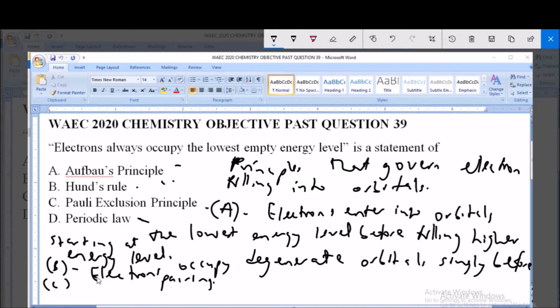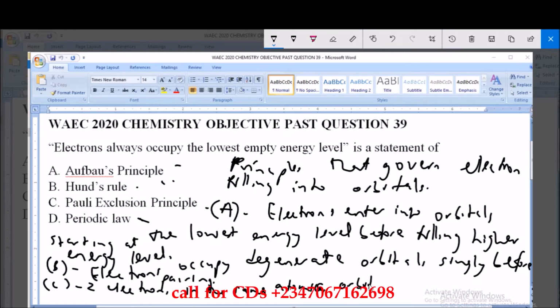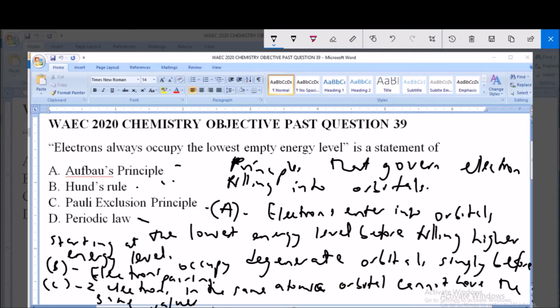Option C, Pauli's exclusion principle, states that two electrons in the same atomic orbital cannot have the same values for all four quantum numbers.